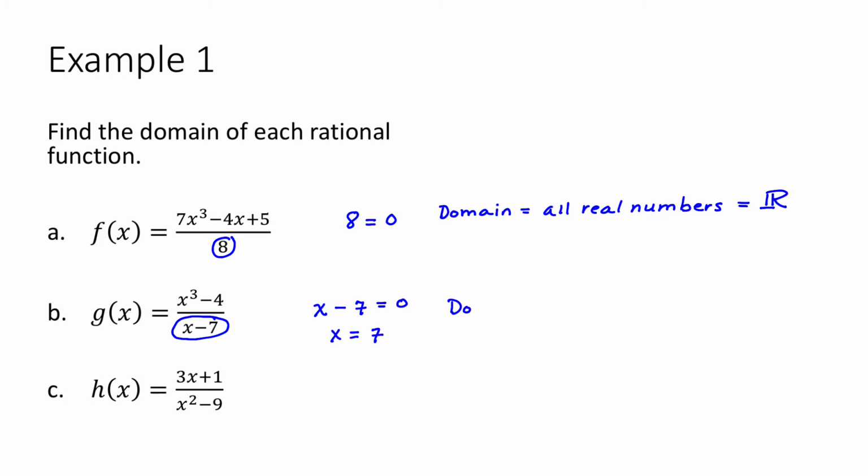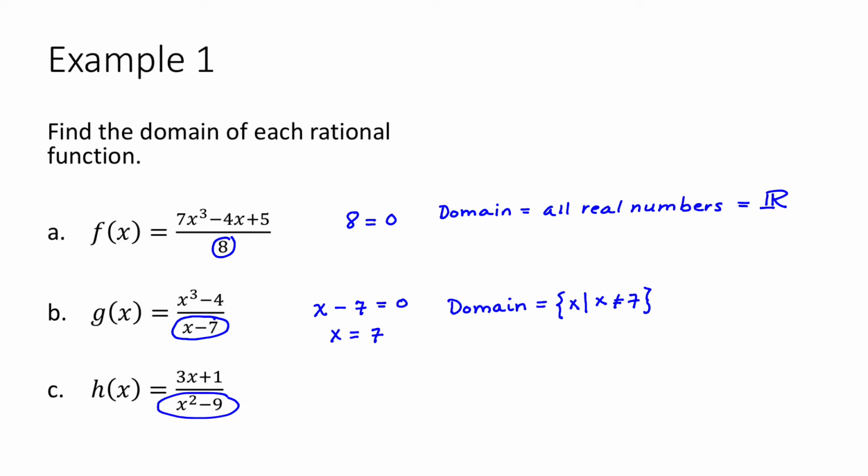When I write my domain, I can write this in the form the set of all x such that x is not equal to 7, because we want to say what values are we allowed to use? Anything that's not 7. So that's my domain for part B.